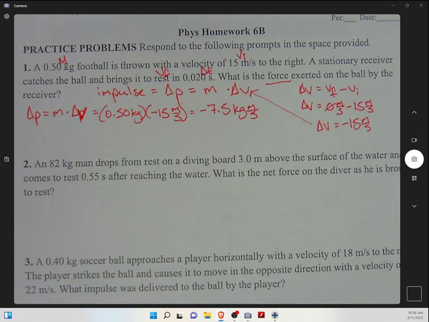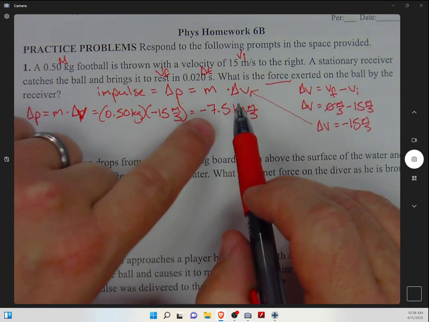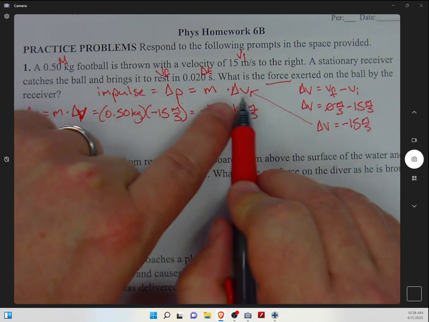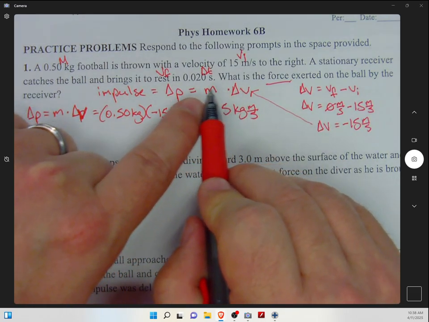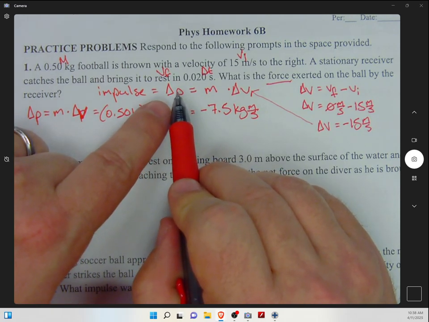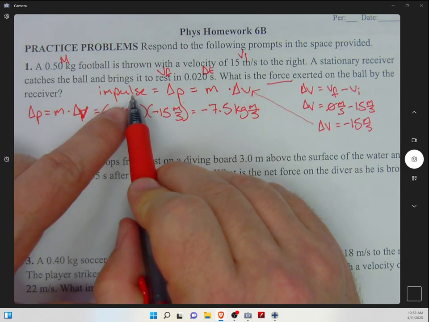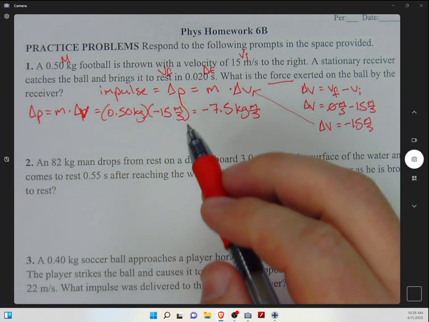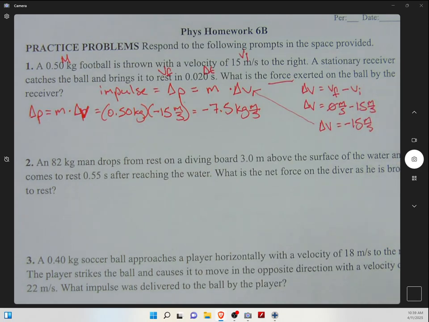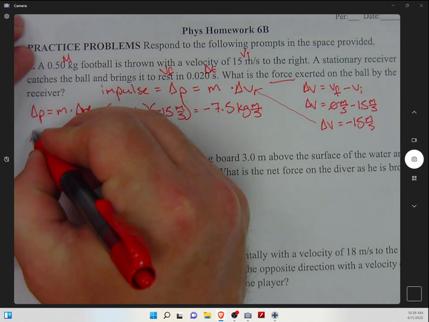The question is asking for force. But again, I calculated the change in velocity, so I can use the change in velocity to get change in momentum. I can use the change in momentum to use my definition of impulse. Impulse is equal to force times time.